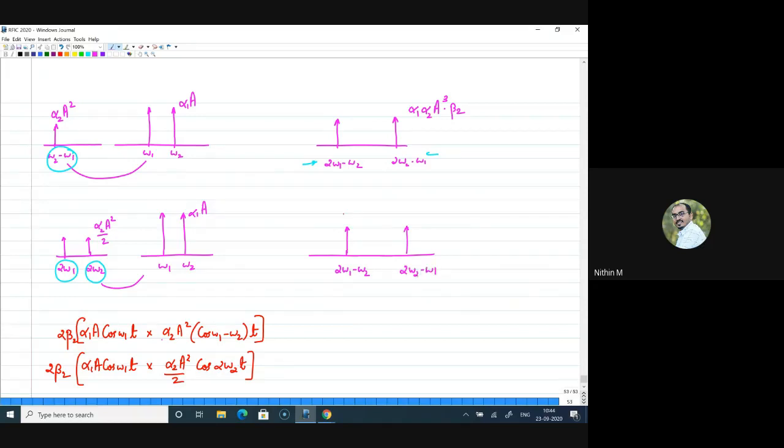So here the amplitude will be alpha 1 a into alpha 2 a square by 2 into beta 2, or this can be written as half of alpha 1 alpha 2 beta 2 into a cube, right? Almost the terms are same. Alpha 1 alpha 2 beta 2 into a cube is the term.